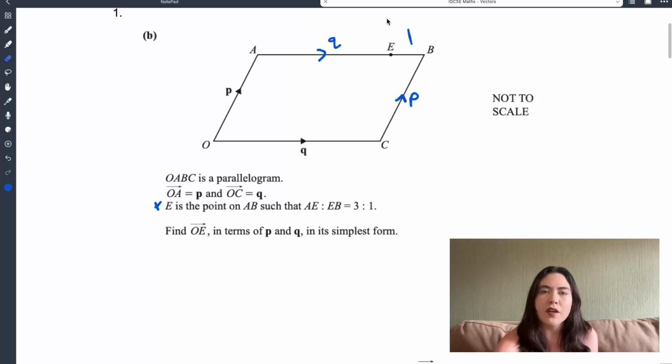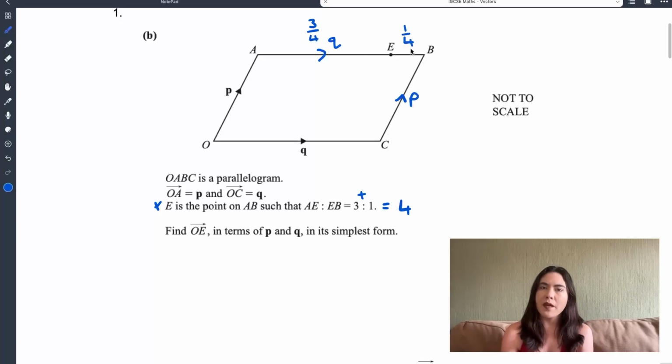So in order to figure out the values of those specific ratios, what we do is we add the two ratios together. So we add 3 and 1 and we get 4. So that basically means A to E is 3/4 of the line and E to B is 1/4 of the line. I hope that makes sense.